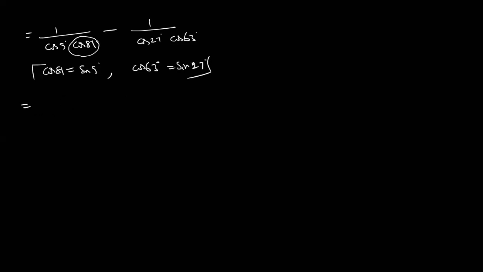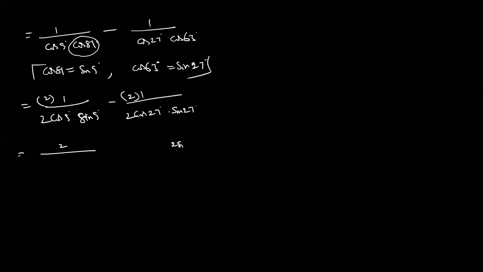So, 1 by cos 9 sin 9 minus 1 by cos 27 into sin 27. Dear students, what I am doing here is multiplying and dividing with 2. So 2 sin theta cos theta, what is the formula? That is sin 2 theta. So this is sin 18 degrees and this is sin 54 degrees.